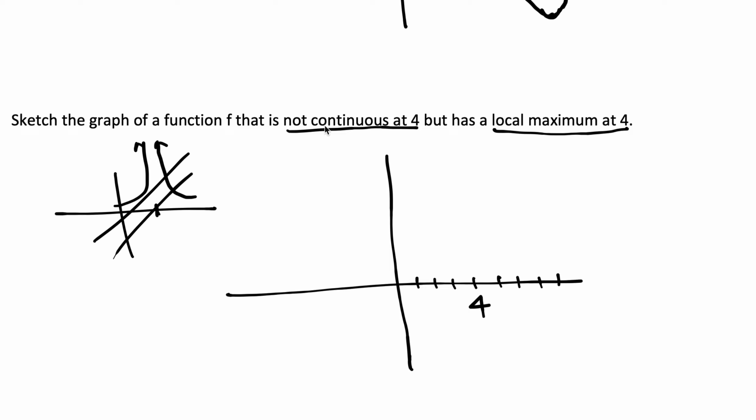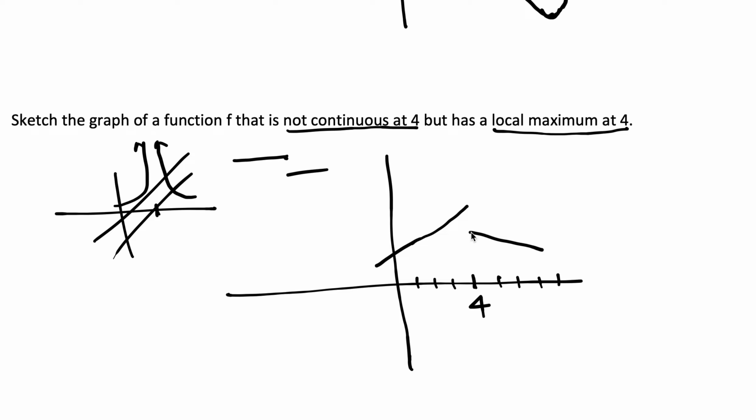And we can have discontinuous, or not continuous means it's a jump. It's coming from here and here like this one. So at 4, we can come from left and come from right. And we have to have a local maximum. So if we do this, okay, now we have this function discontinuous at 4.